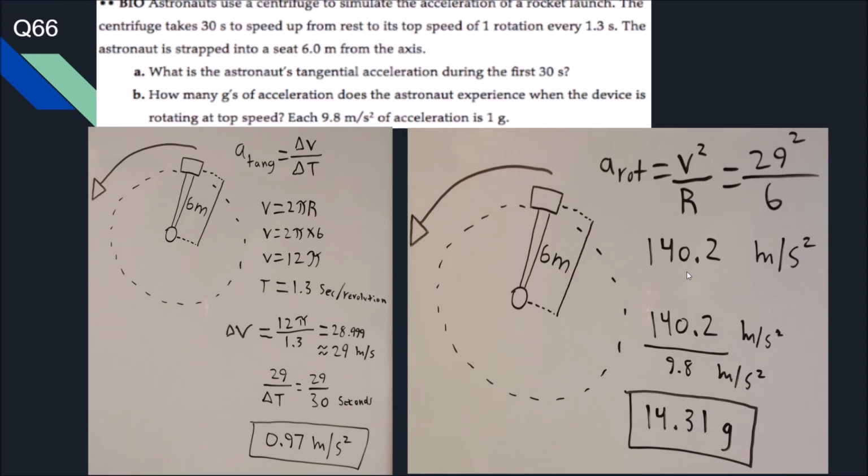So it's saying that at its maximum velocity, the person is accelerating at 140.2 meters per second squared in this circular motion. Now, we have the acceleration, but we need to convert it to g's.